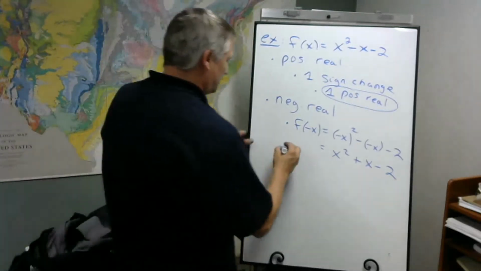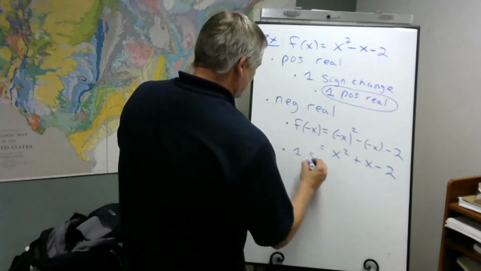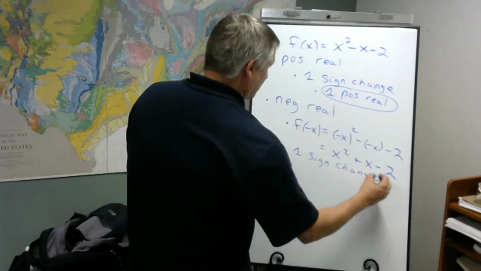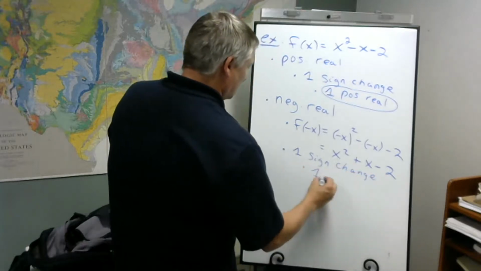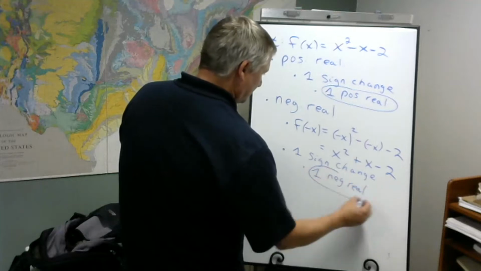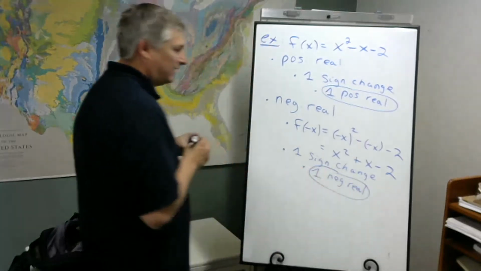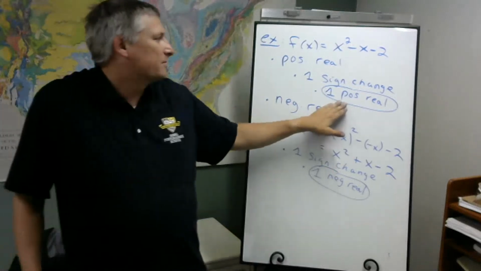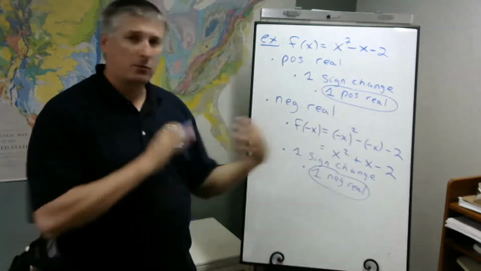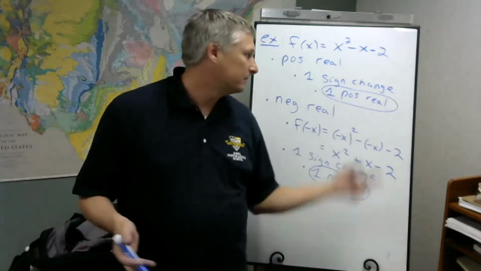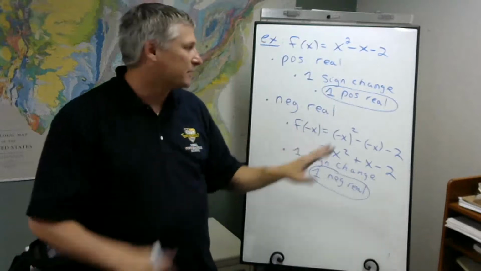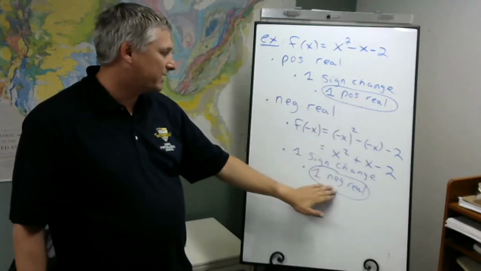So one sign change. That means one negative real. So we're guaranteed that positive real, because remember, when you get that one sign change, that's guaranteed. If there's only one sign change in the entire polynomial, you're good to go. So we've completely assured ourselves there's one positive real and there's one negative real.